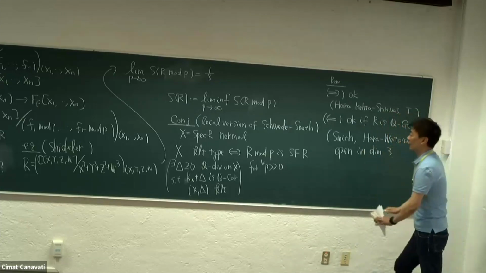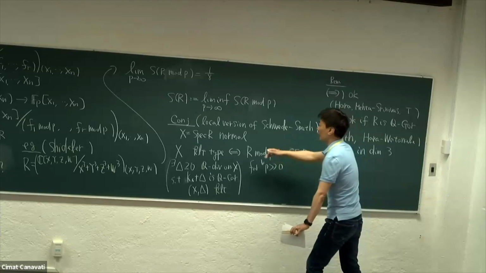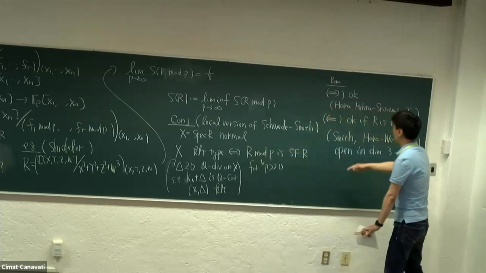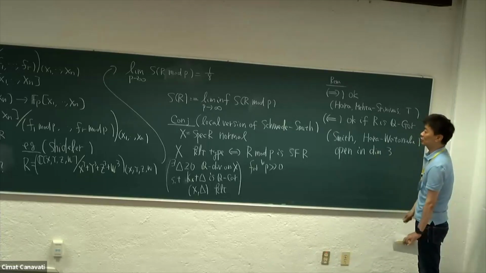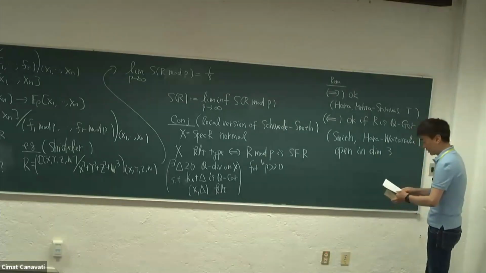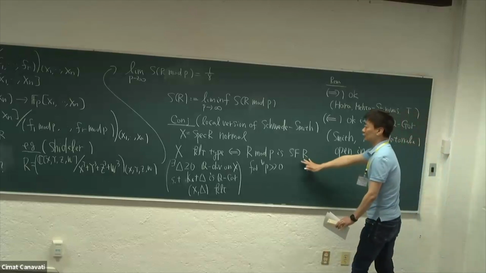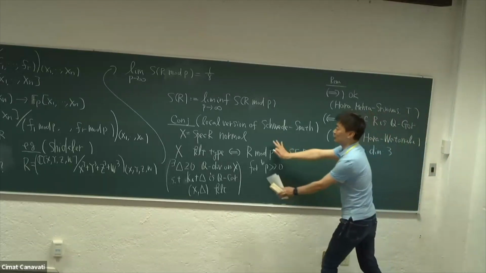In dimension 2, R becomes Q-Gorenstein, so it's okay, but in dimension 3, I think it's open. Anyway, at the moment we believe this conjecture.